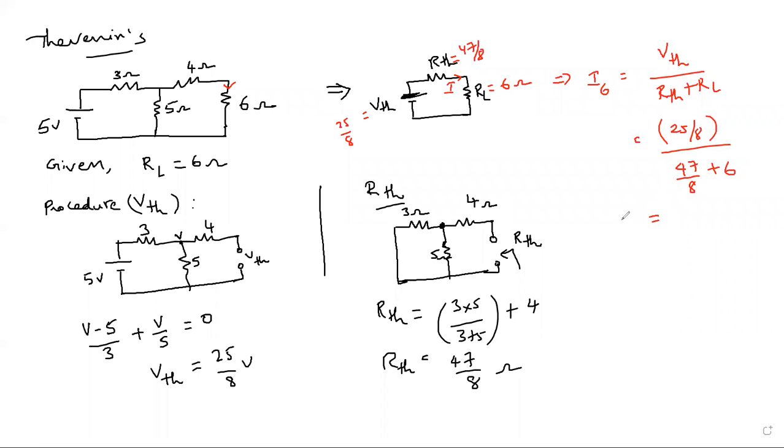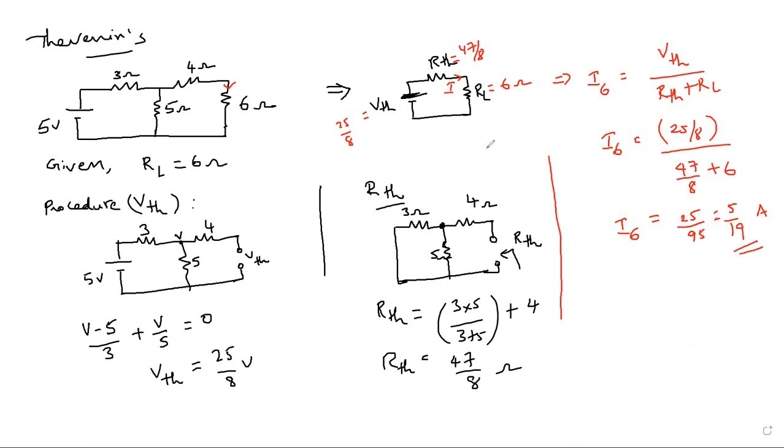So do it and tell me the answer. 47 plus 48 in the denominator, and in the numerator it should be 25 because the 8 gets cancelled. 25 by 95, which is 5 by 19 amperes.